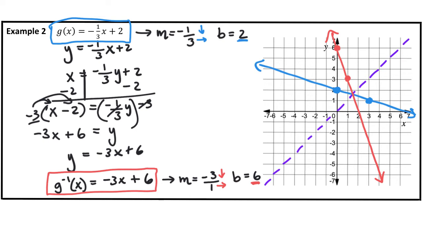So, if I give you an equation, you can do the steps to get the inverse. But if I give you a graph, you should be able to identify if those graphs are inverses by drawing the diagonal line and checking to see that there's a reflection of some sort across this diagonal line.